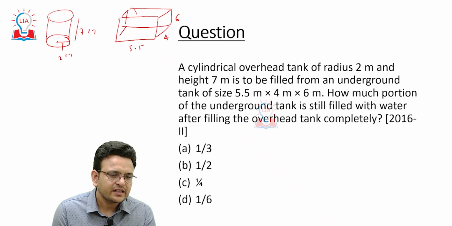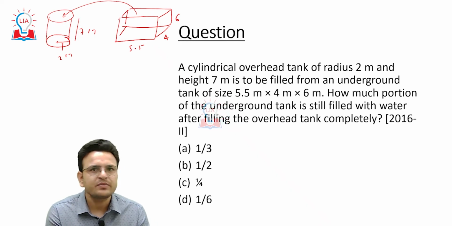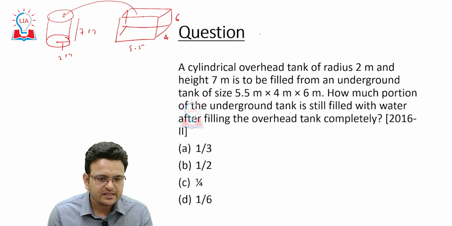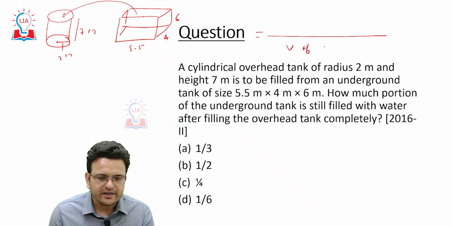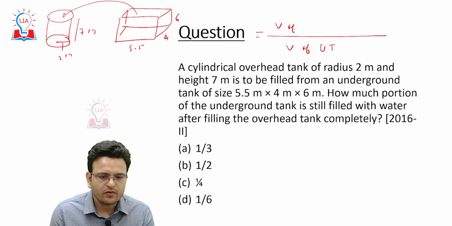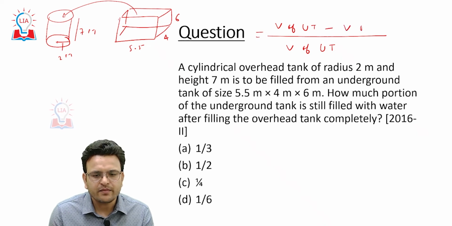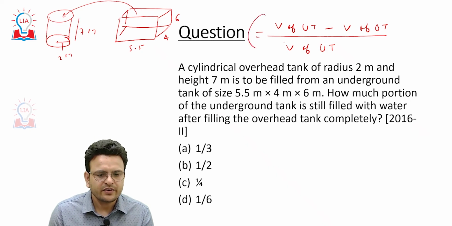Now we are taking water from this tank and filling this overhead tank. So how much water we have taken out? Okay, so we can say that the volume of underground tank minus volume of overhead tank, this will be my answer.